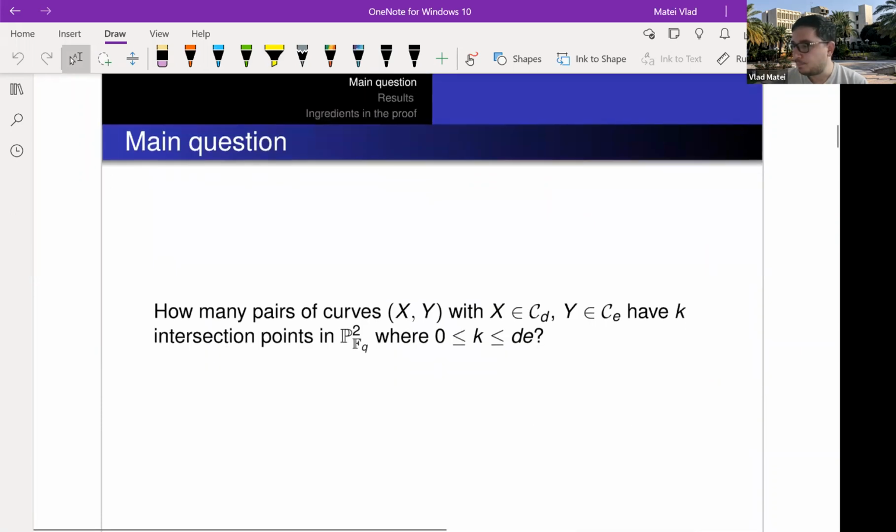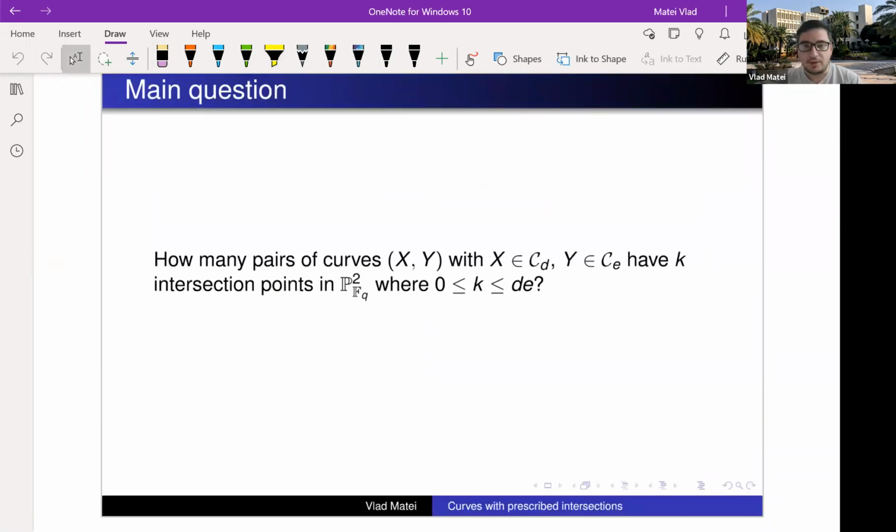Okay, good. And the question that I want to answer and tell you a little about is this: imagine you take all these pairs of curves, one of degree D and one of degree E, and you want to count them such that they have a fixed number of intersection points. Obviously, the interesting range for us is going to be 0 to DE.